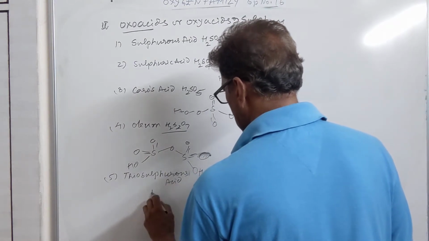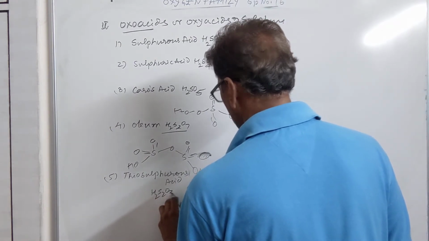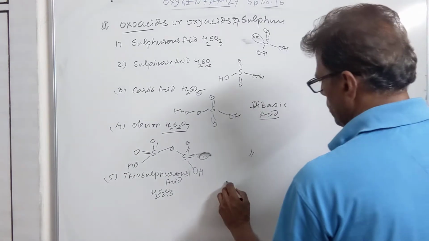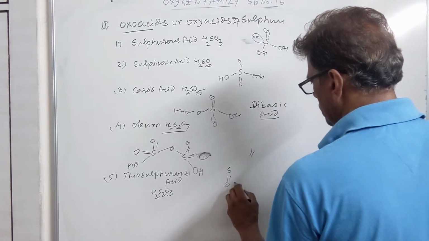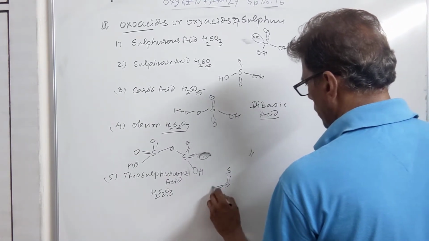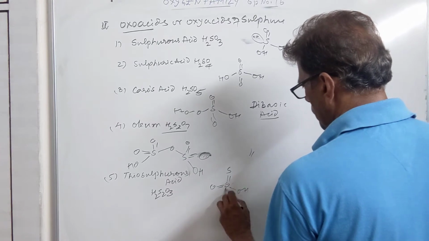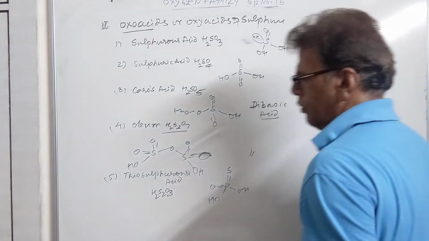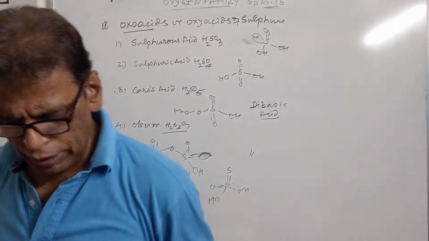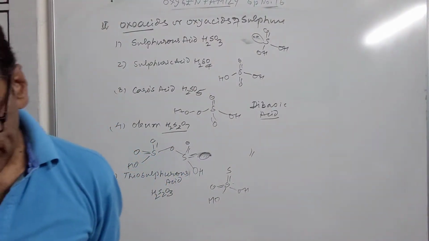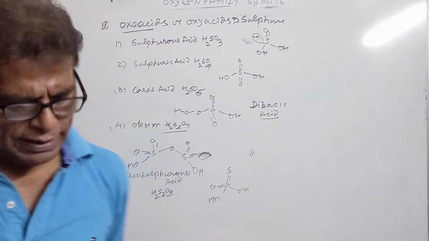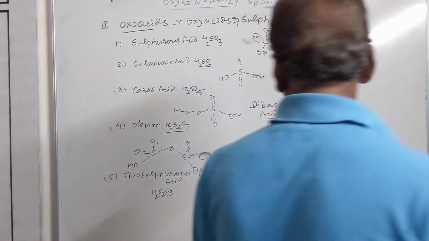Thiosulfurous acid, H2S2O3. This lone pair is shared by sulfur. This is sulfurous acid. Then we have dithionous acid, H2S2O4.